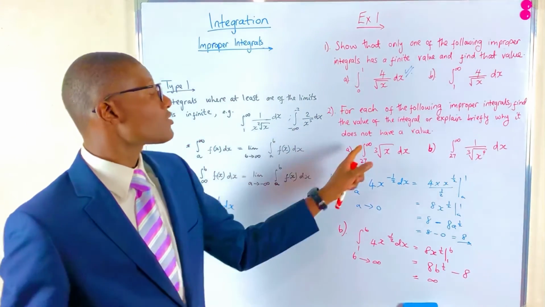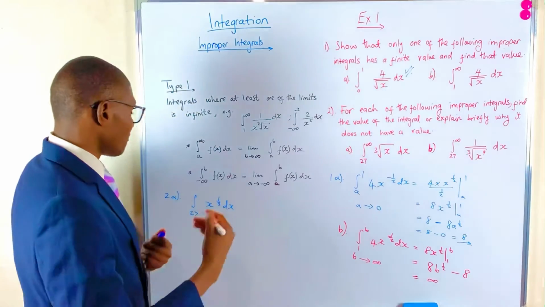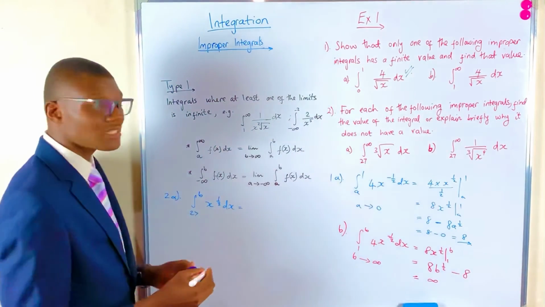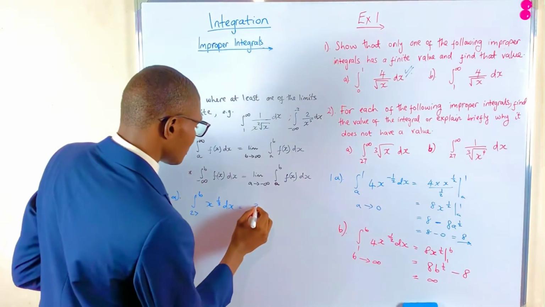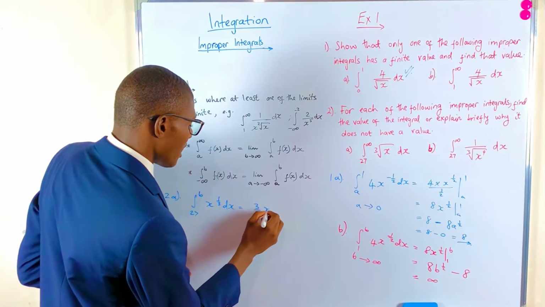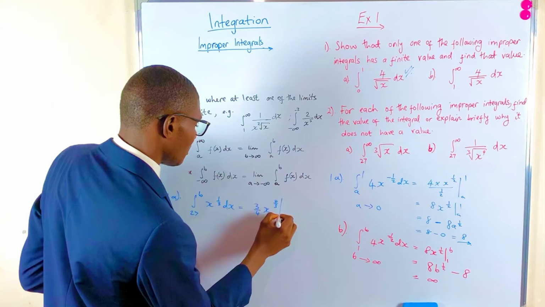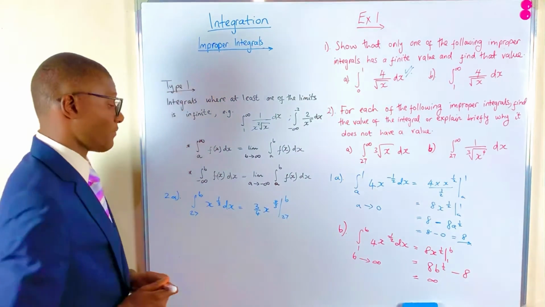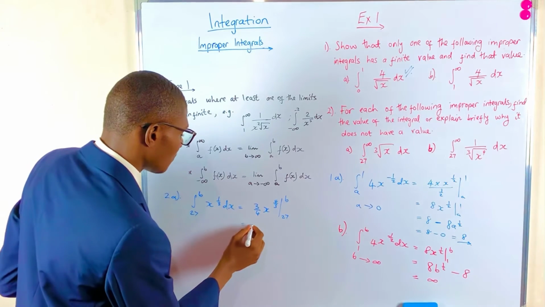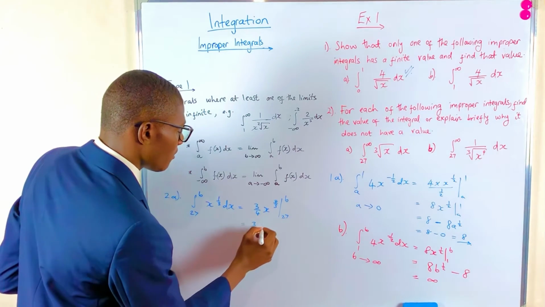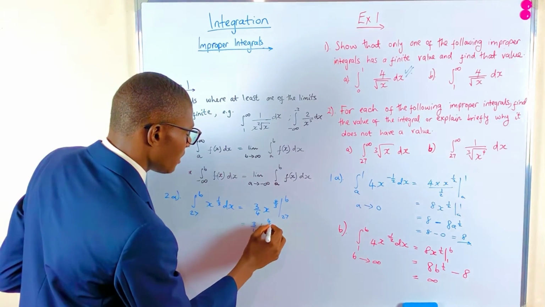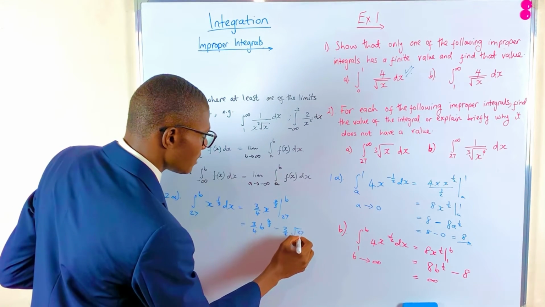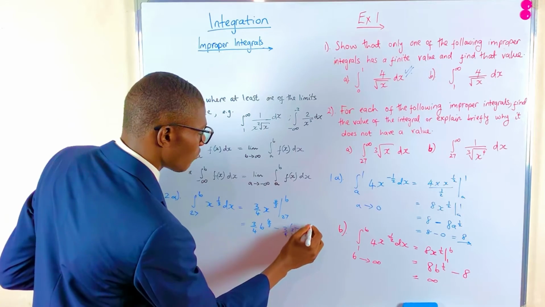Let's replace this infinity by the letter b. Integrating the normal way, we get 3 over 4 x to the power of 4 over 3, with the limits from 27 to b. Now substituting the limits, we've got 3 over 4 b to the power of 4 over 3 minus 3 over 4 cube root of 27 raised to the power of 4.